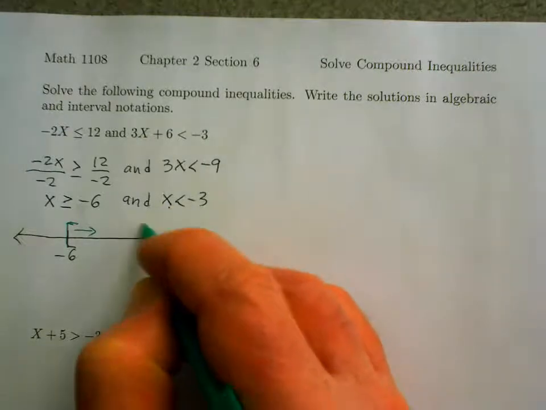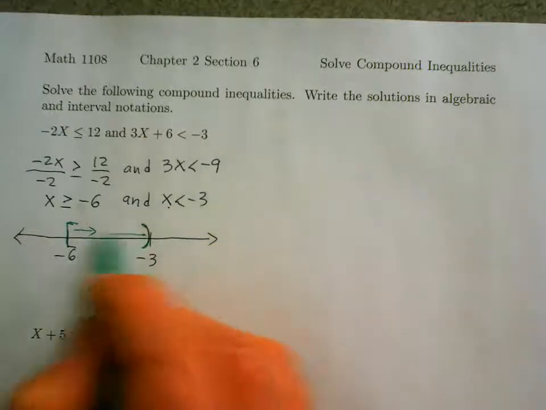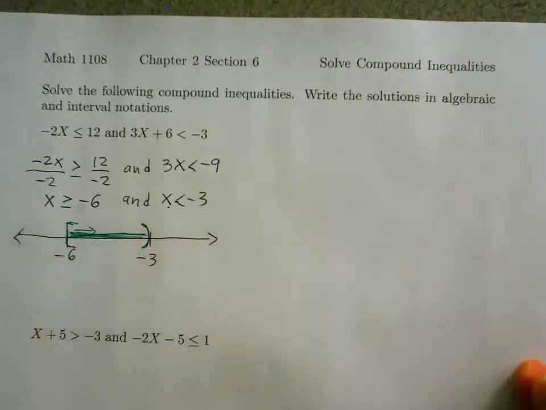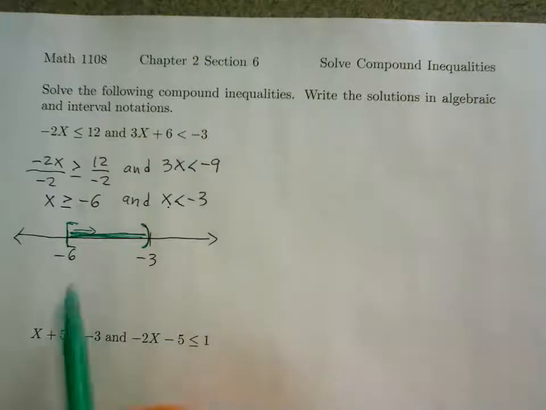So put a parenthesis at negative 3. Okay, so the overlap is from -6 to -3. We include -6, but we exclude -3.